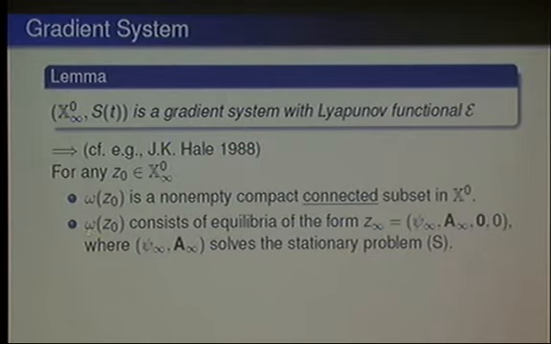And the omega limit set consists of equilibria where psi infinity and A infinity solve the stationary problem. That means the omega limit set is a subset of the solutions of the stationary problem.